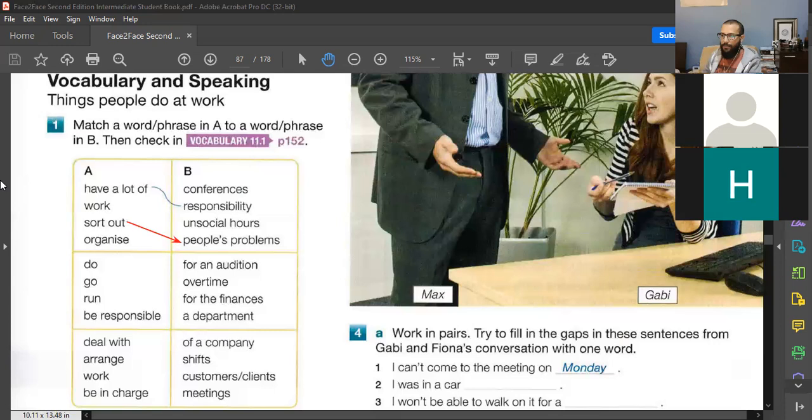Maybe solve. Yes, I think you're right. Solve, fix, get rid of the problem. Organize, but with problem we can't use organize. What can we use organize for? Organize the conference. That's correct. Organize conferences.